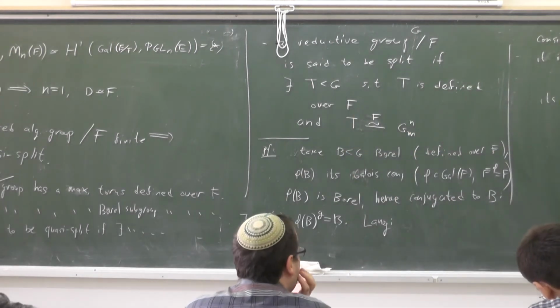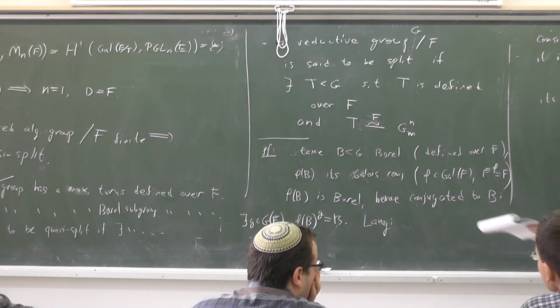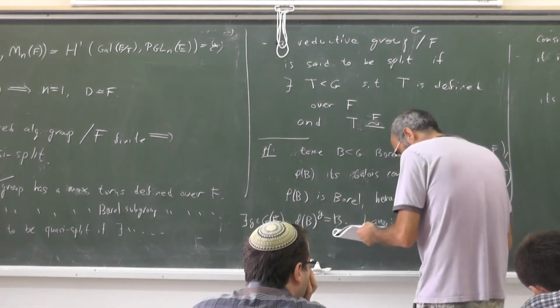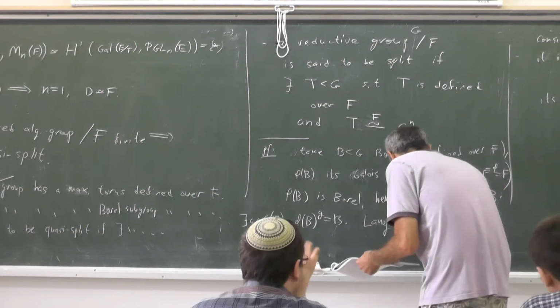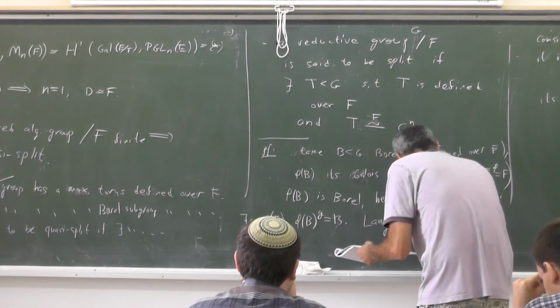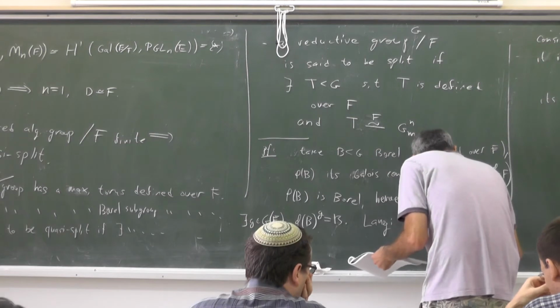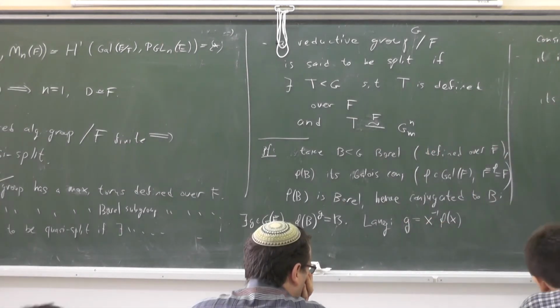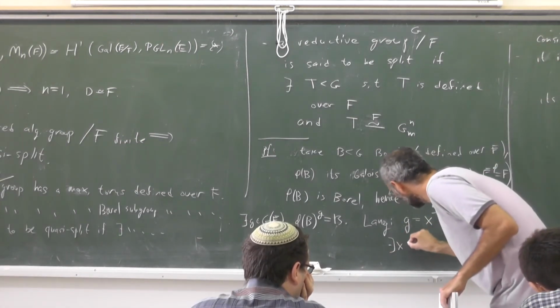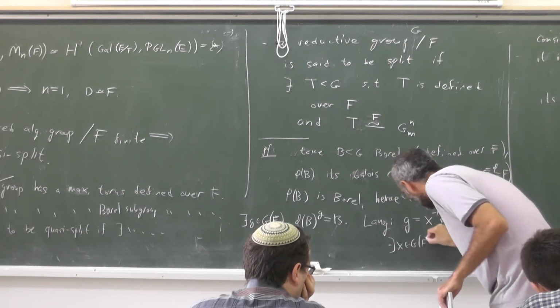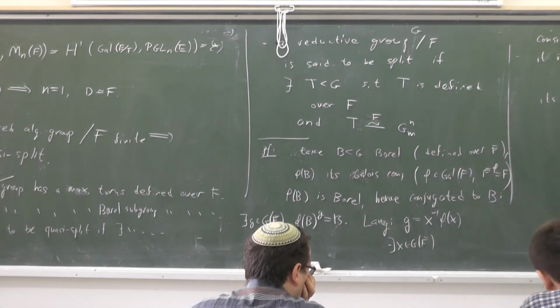In fact, I'm using Lang's lemma, not the theorem itself, to express g as x inverse phi of x. Lang's lemma. Find such an x.